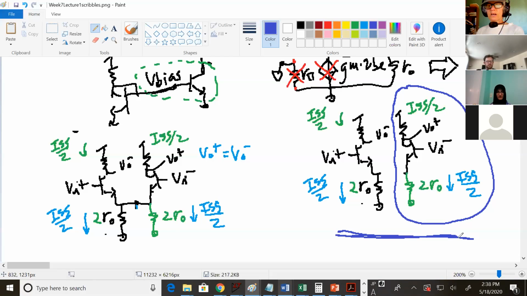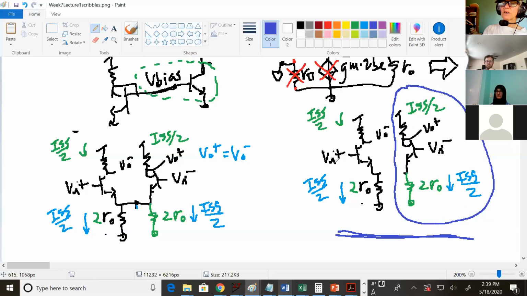Okay. So whether you put it on both inputs and watch both outputs, both inputs and both outputs are doing the same thing, will give you the same result as if you just look at one side and see when I change Vn minus, how much V out plus moves.